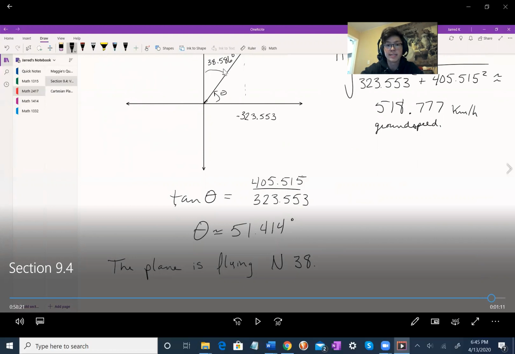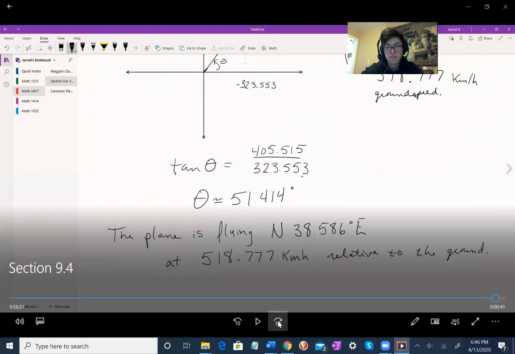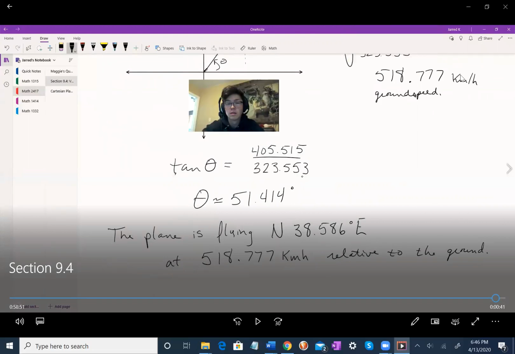So we have to find this angle here. To do that, all you do is take 90 degrees, which is this whole quadrant, subtract this from it, and it'll give you the complementary angle to it. Okay? And then, well, we started at north, and then we went this many degrees east. So that's what he's going to finish it off with. Yep. And we were going what we found to be this from doing the magnitude.